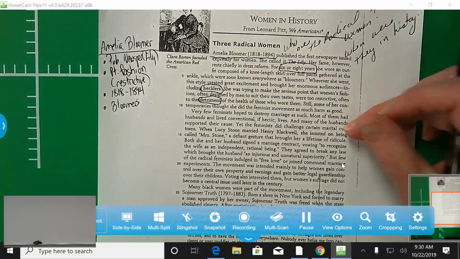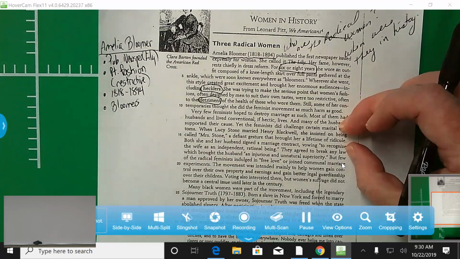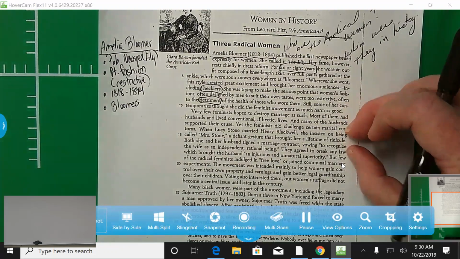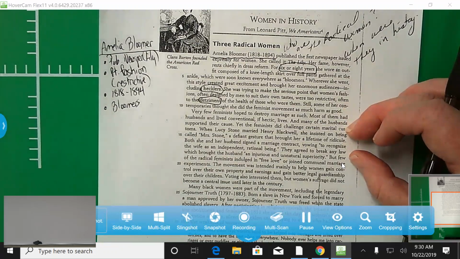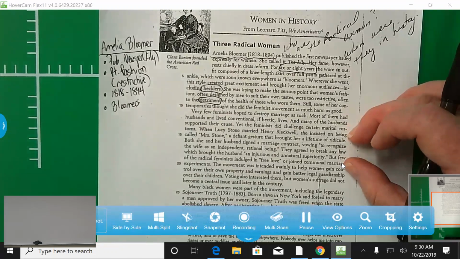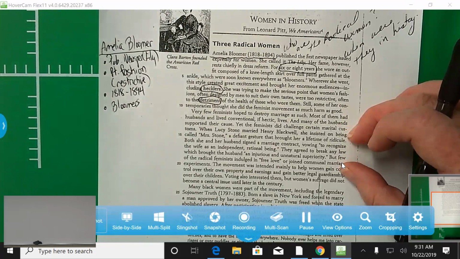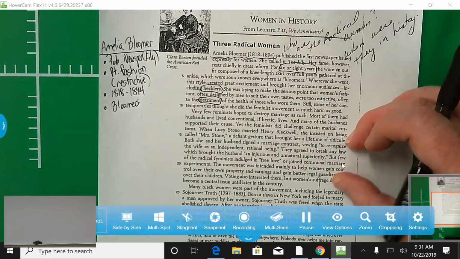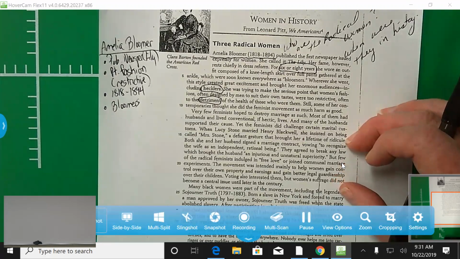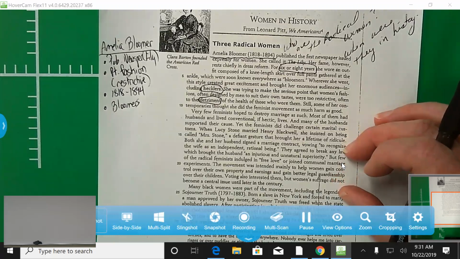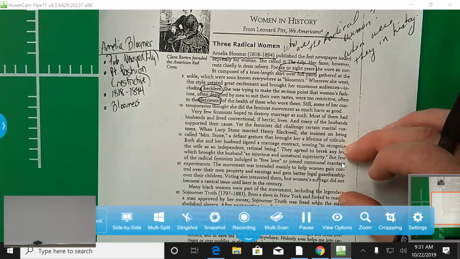Very few feminists hope to destroy marriages as such. Most of them had husbands and lived conventional, if hectic, lives. And many of the husbands supported their cause. Yet the feminists did challenge certain marital customs. When Lucy Stone married Henry Blackwell, she insisted on being called Mrs. Stone, a defiant gesture that brought her a lifetime of ridicule.